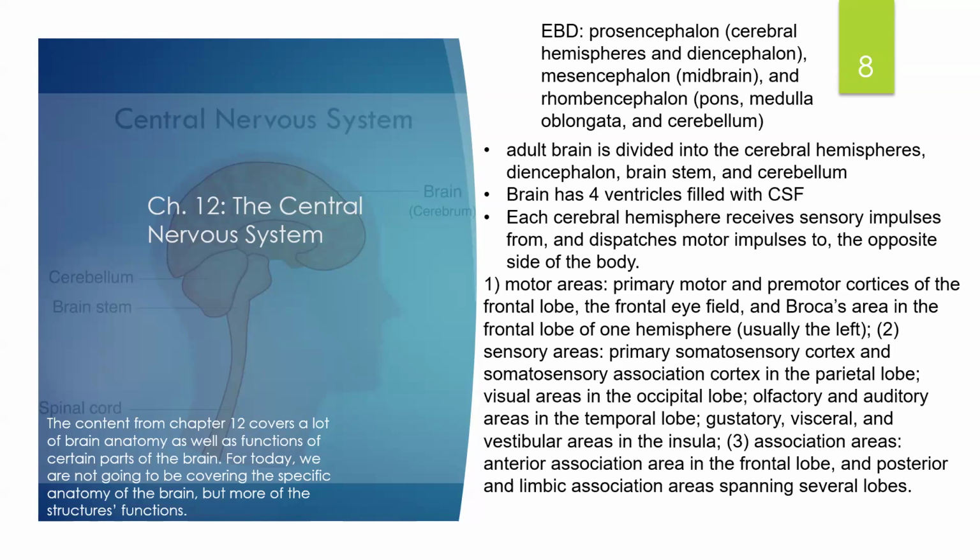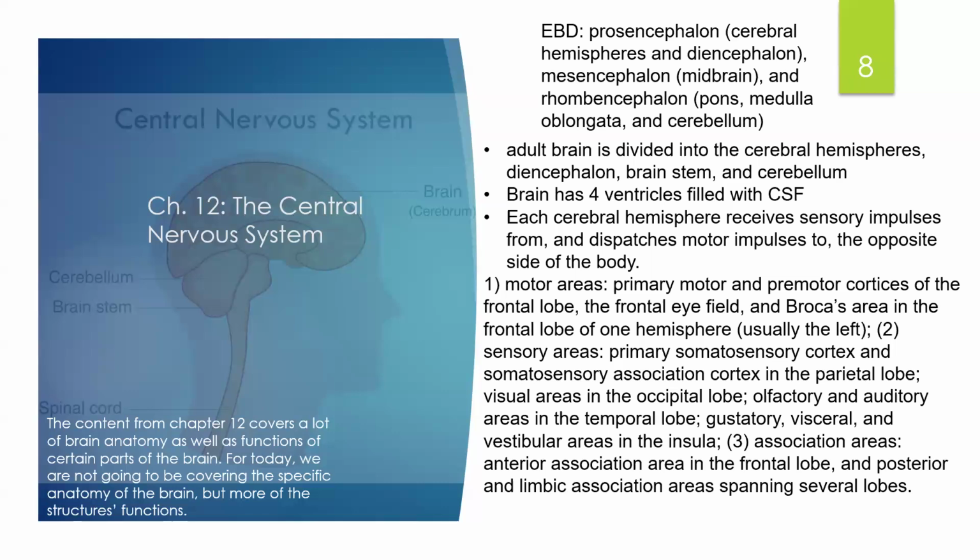I know in lab we dissected sheep brains. Those may come up on the exam, but when we're asking about specific functions or identification, we're usually talking about an adult brain because all of the pieces are there and working. So again, adult brain divided into cerebral hemispheres, diencephalon, brainstem, and cerebellum.